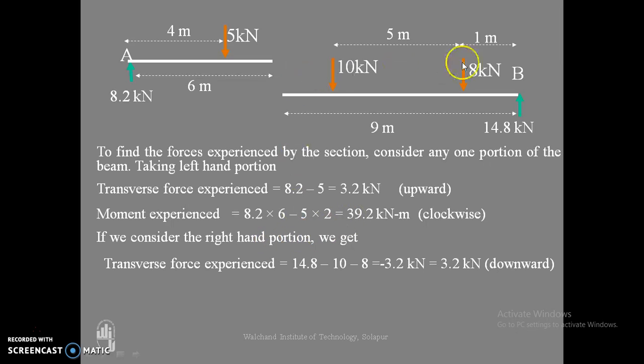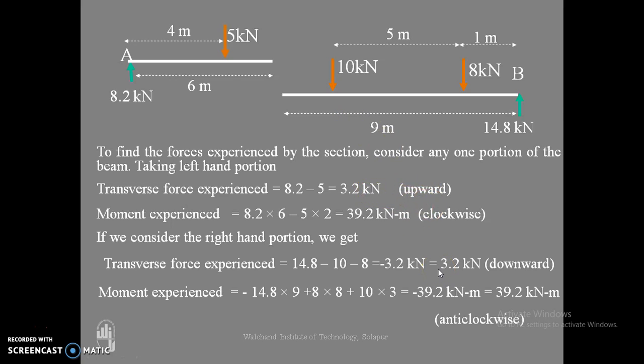For the right hand side, we just discussed that the shear force experienced is 3.2 kilonewton, which is the same as the unbalanced force on the left hand side. So it means that whether I consider the left hand side or right hand side of the section, I get the same unbalanced force. And the moment also, if I consider the right hand side, we get the same unbalanced moment 39.2.